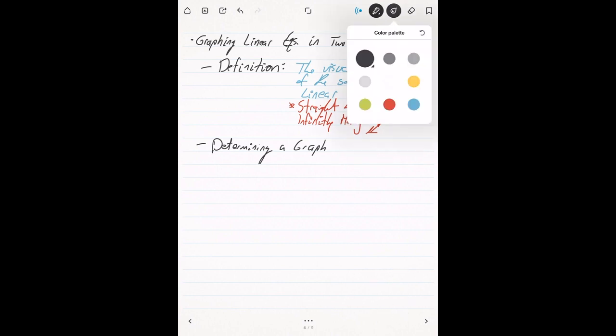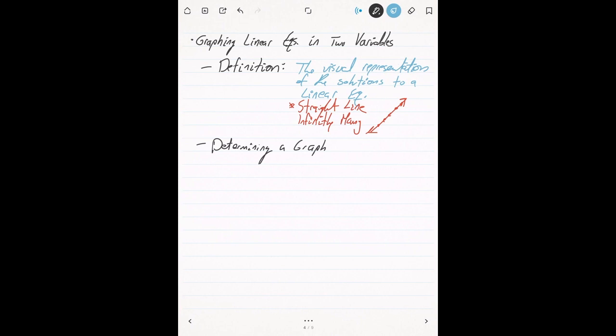If you want to find solutions to a linear equation, you should first select a value for one of the variables, okay? I'll abbreviate that VAR. Select a value for one of the variables.